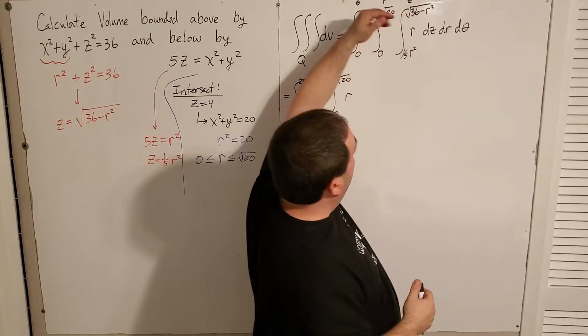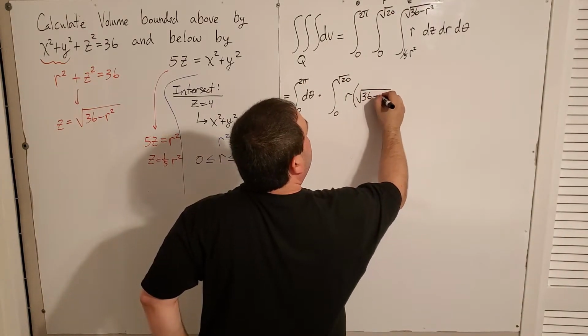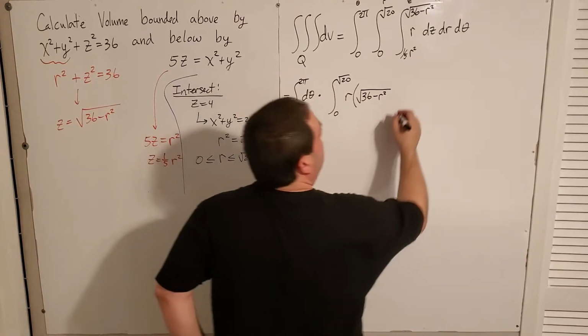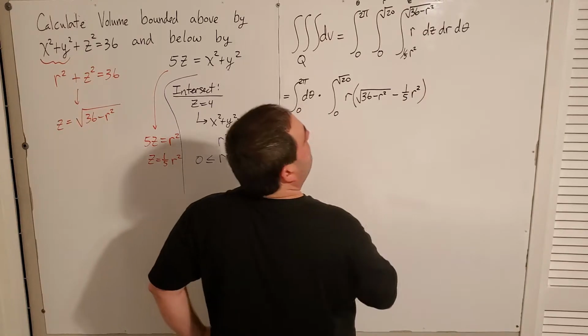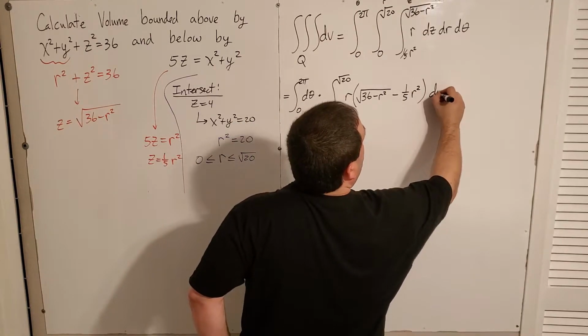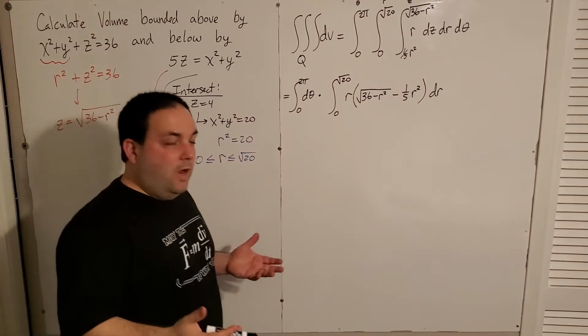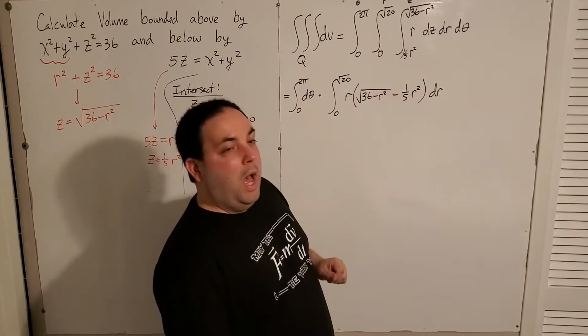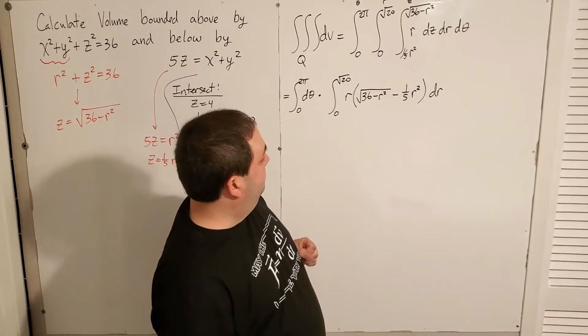So I have r times square root of 36 minus r squared minus 1/5 r squared, like so. Then I still have dr here. And that makes sense, I'm doing top minus bottom to stay inside of the volume of that shape.